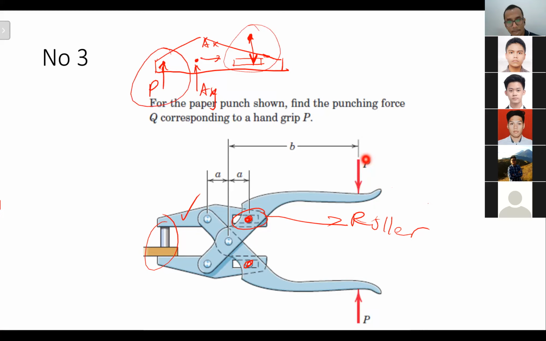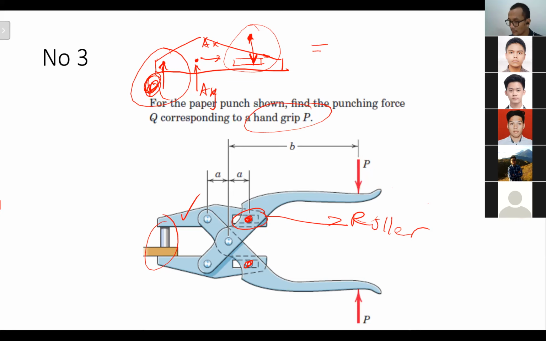What about AY, sir? Not necessarily. You don't have to find AY. You don't have to find AX. The one in question is the hand grip P. Oh, I see, sir. Sorry, the hand grip P. Sorry, the pinching force Q.